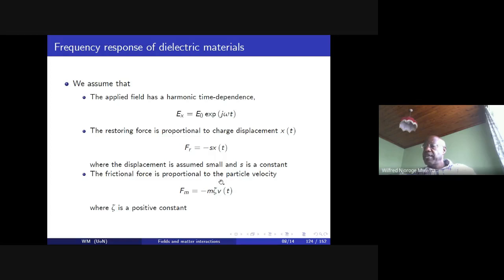So the frictional force itself is given by a force that is proportional to the velocity of the particle, and we give it a value m, which is the mass of the particle, multiplied by the constant zeta, and multiplied by the velocity of the particle as it's moving.